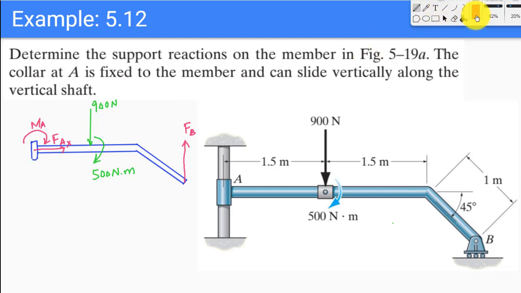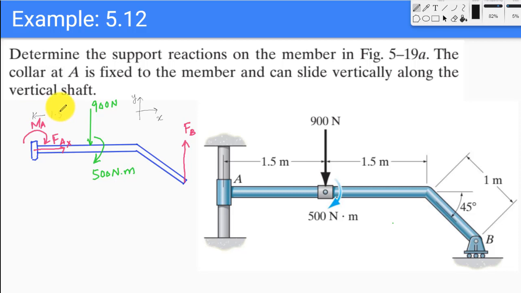And as we saw earlier, to complete our free body diagram, we need to draw an axis. So this is our x-axis and this is our y-axis, and we also need to show all the dimensions which we would need for our analysis.